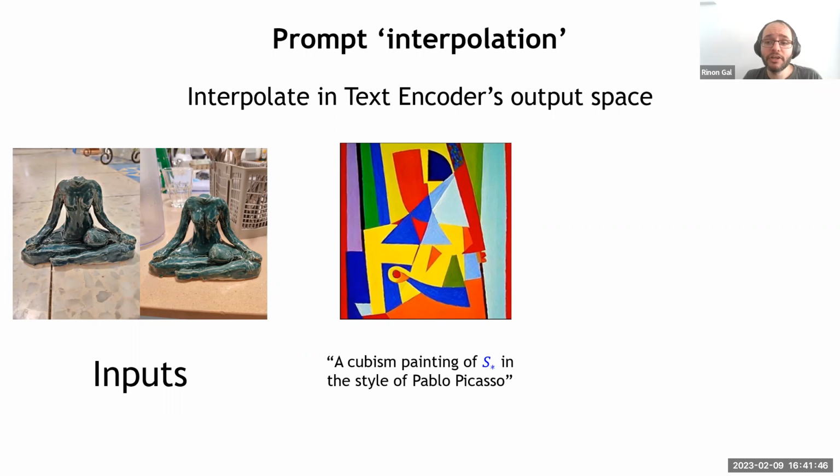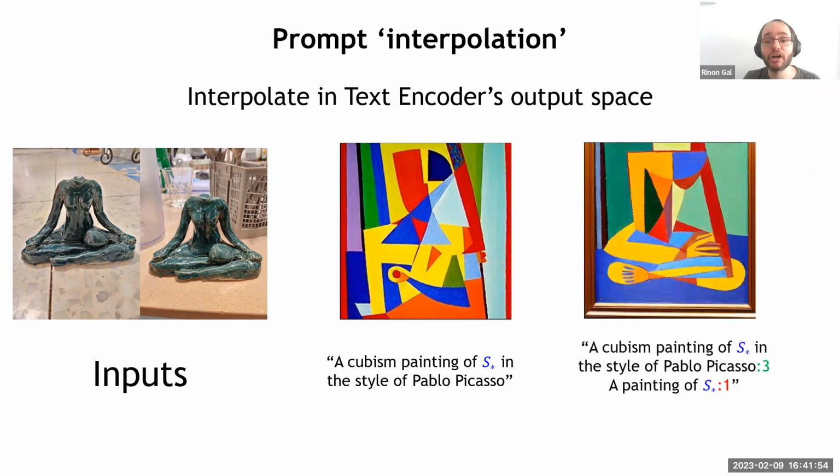What we want to do is to manage to put more stress on the object itself, right? And we can do that by using a two-part prompt for which the common implementation syntax looks like this. And what you see here is basically that we have two parts. One says a cubism painting of our token in the style of Picasso with a weight of 3. The second part is just a painting of our concept, again, with a weight of 1.